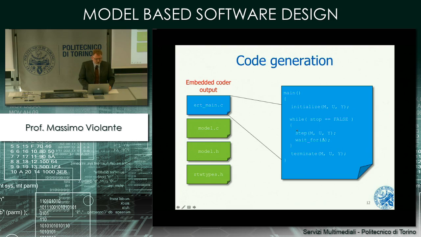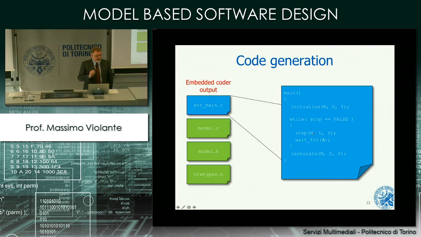In each iteration, we step the model. And then we wait for the delta time that we selected, and we repeat. When we are done, we can invoke the terminate function. After that, we are done, so there is no need to use the memory occupied by the step function. Okay? Is this clear?